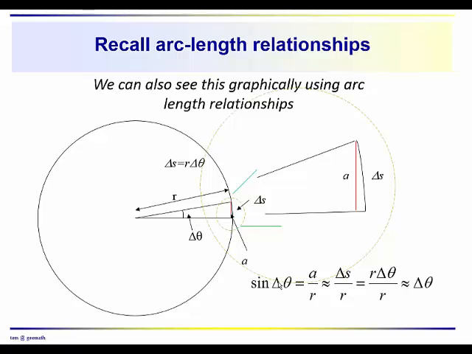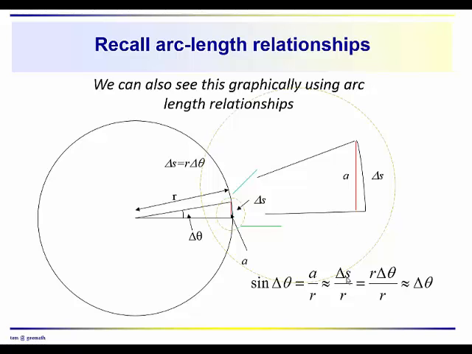So we have the sine of delta theta, we can write as a over r, the side opposite over the hypotenuse. But in the limit that delta theta goes to 0, this is approximately delta s over r. These two are approximately equal. But delta s is equal to r delta theta.